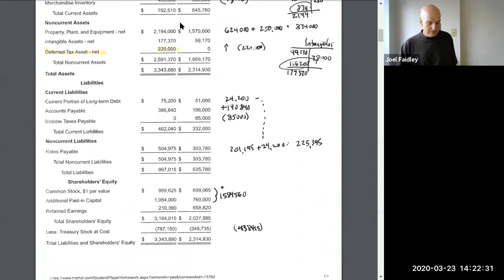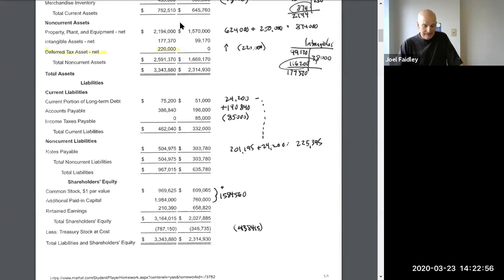Again, that current portion of long-term debt, which you think, well, should that have been up there in the operating section? I don't know. Pearson wants you to put it down here with financing, since it's a part of that. So this $24,200 increase in long-term debt is going to be added in down here to this $201,195 difference in these two.